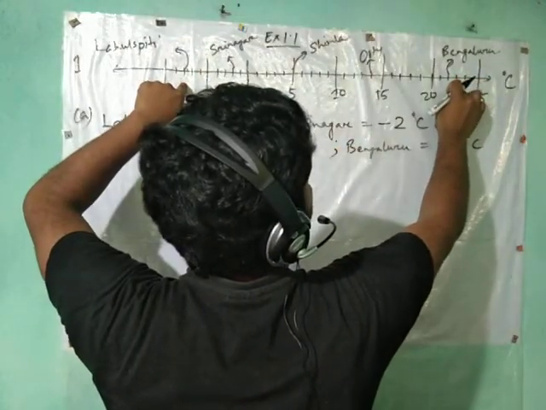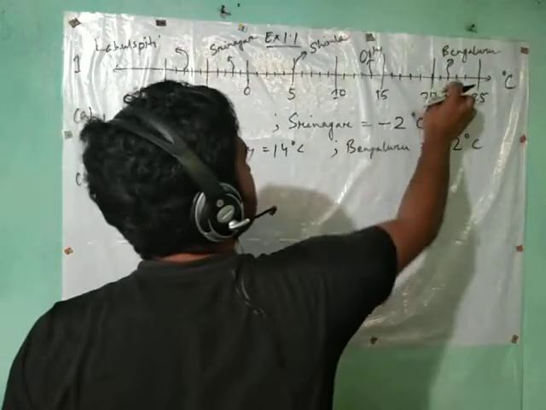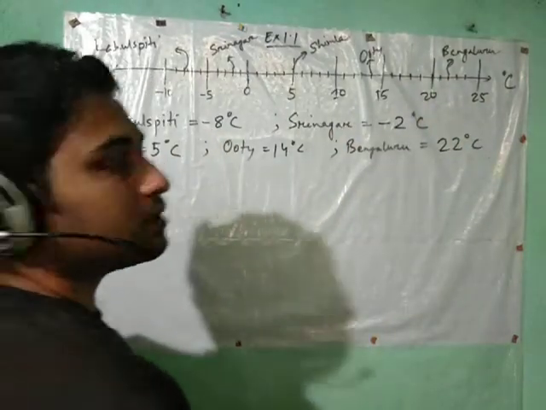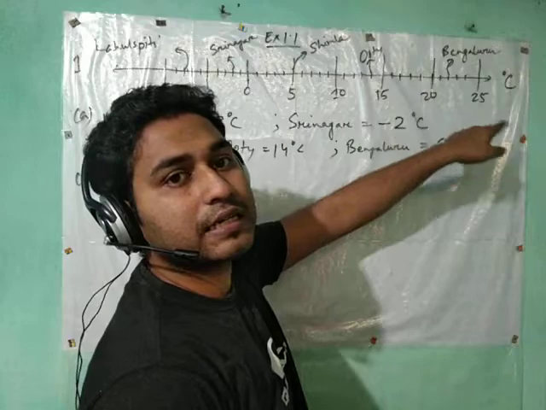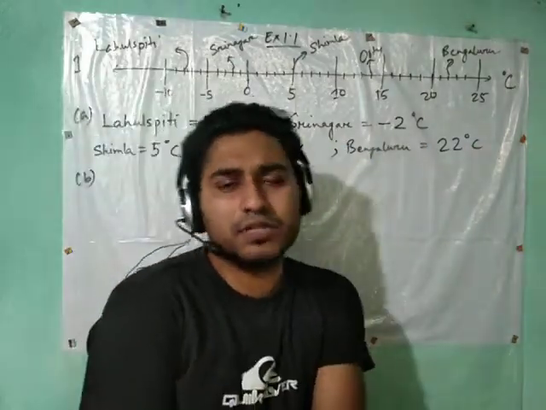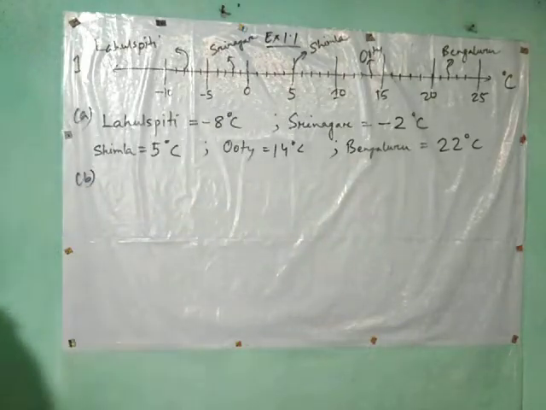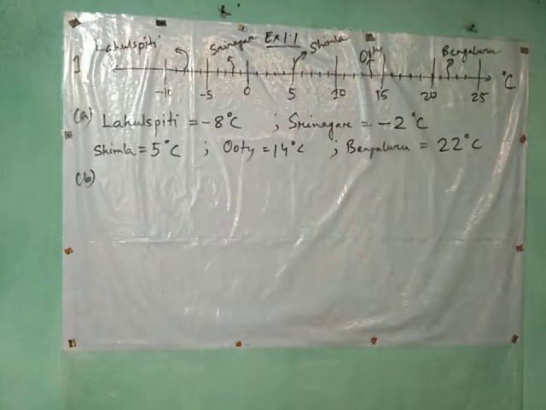This is the hottest place, because on the right hand side the temperature is positive. It is plus, that means Bengaluru plus 22 degrees centigrade. If the temperature is positive, what will we feel? We will feel hot.